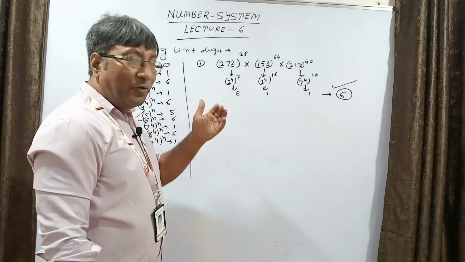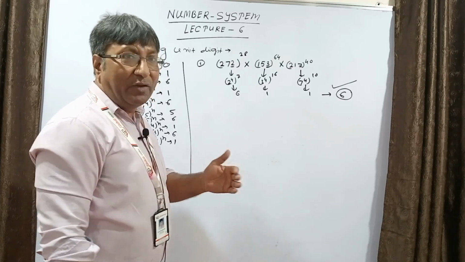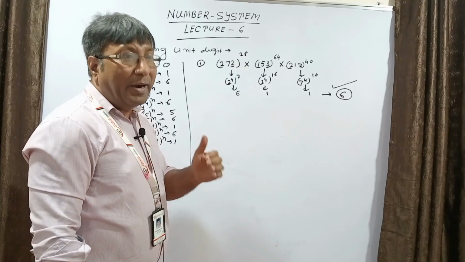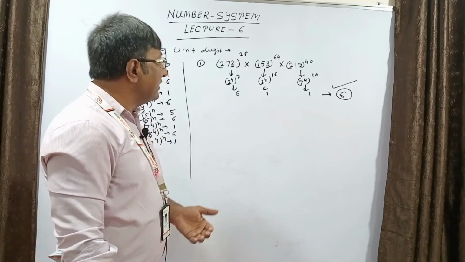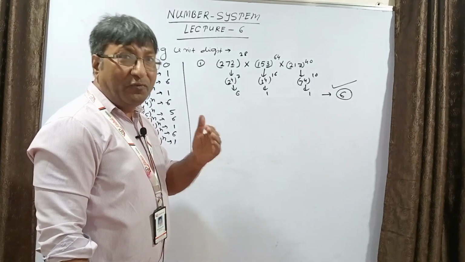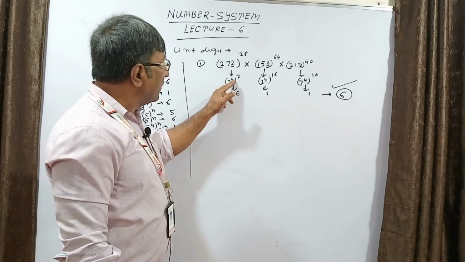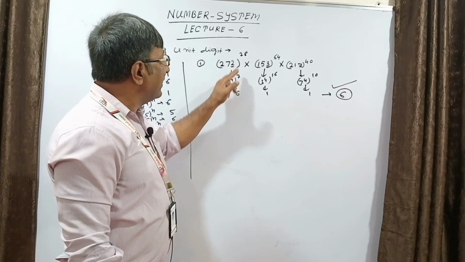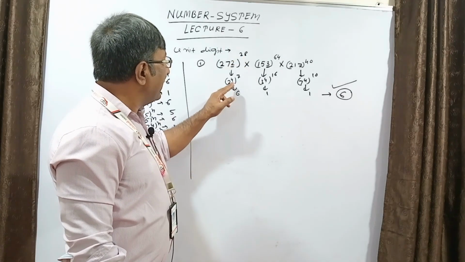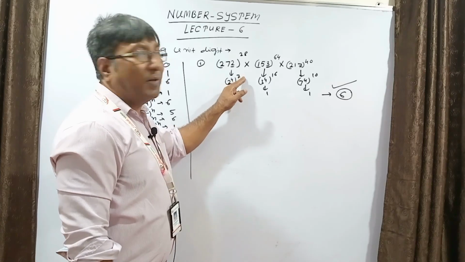If 0, the unit digit will be 0, if 1 it will be 1, if 6 it will be 6, if 5 it will be 5. But except for these 4 digits, just like here 2, convert this 2 as a power of 4. So 2 to the power 4, and now divide the given power by 4. 4 7s are 28. So here 2 power 4 to the power 7.